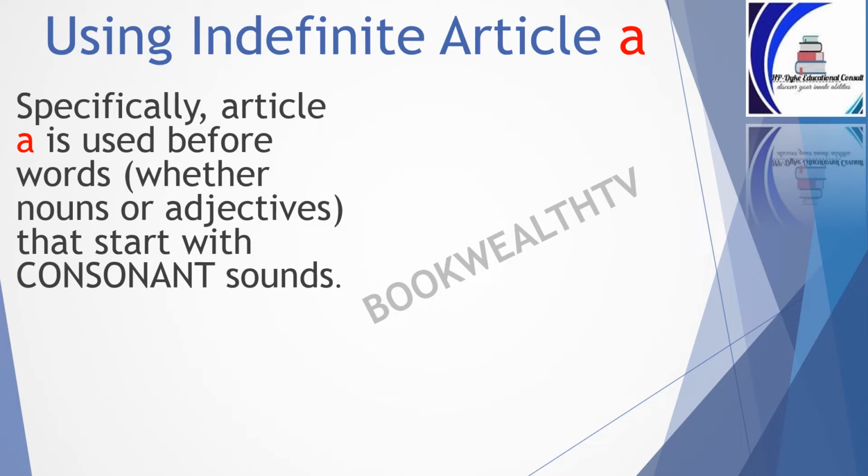The remaining 5 listed below are vowels: A, E, I, O, U. Remember that A will come before any word that begins with a consonant sound. Let's see examples on the next page.